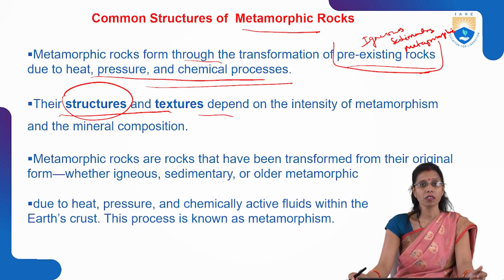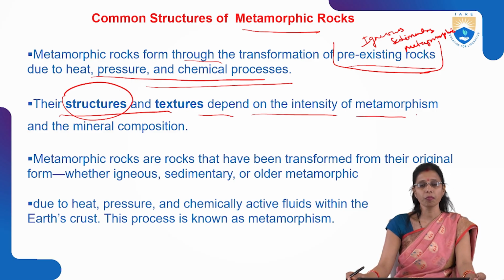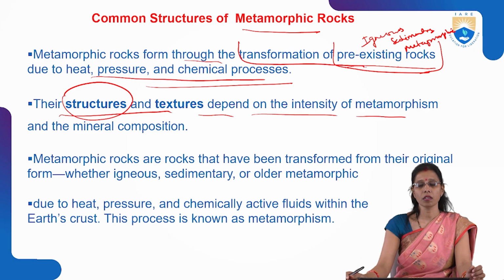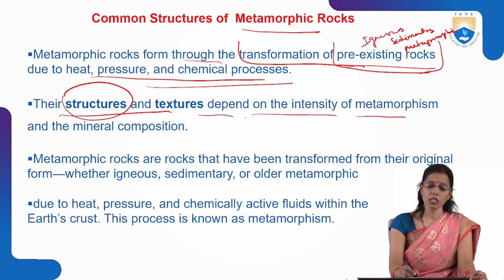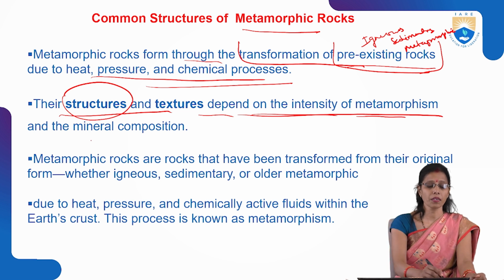These textures change at the time of the formation process itself, so it depends on the intensity of metamorphism. Metamorphism means the transformation process from pre-existing rock to new rock.